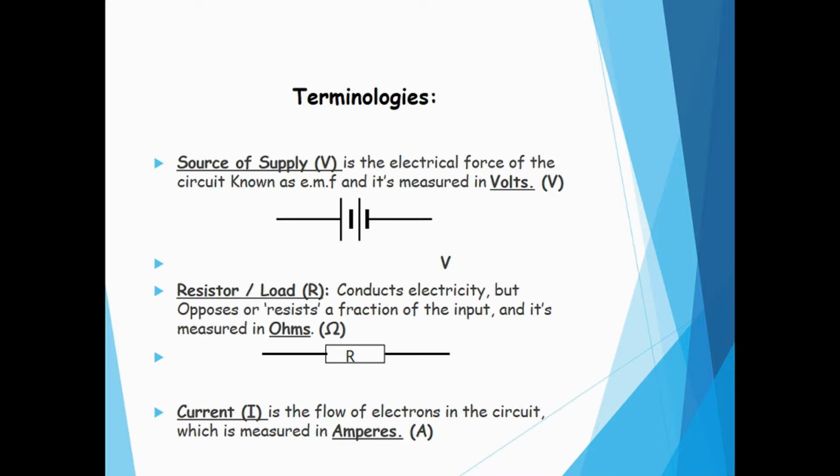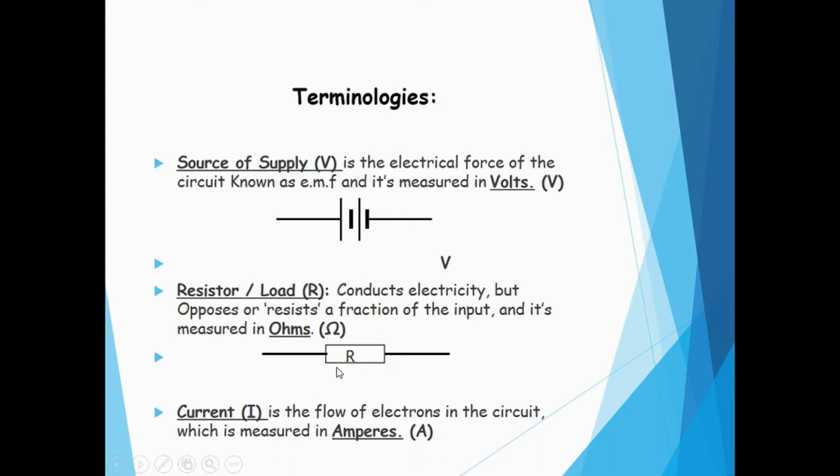Resistor load is shown by R, which conducts electricity but opposes or resists a fraction of the input, and it's measured in ohms, and that's the symbol for ohm, the letter omega, which is a Greek letter. This symbol, by the way, is for batteries or DC sources of supply, and this symbol is a resistor.